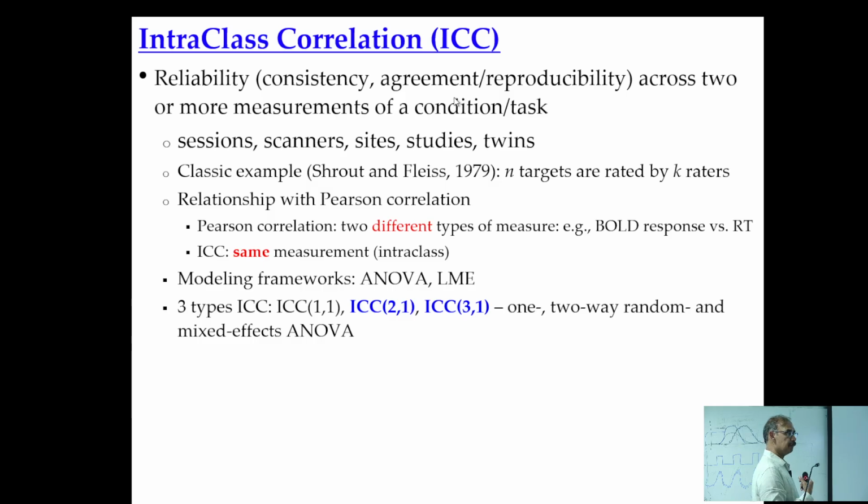So one way would be, let's say I wanted to study how much variability a task can account for, right? And I took 10 students, and then I scanned them at 10 different scanners.